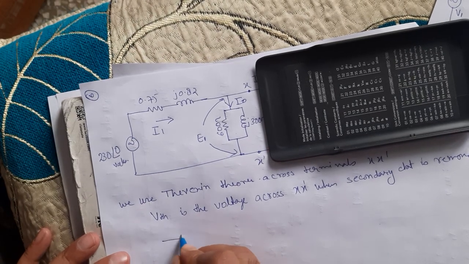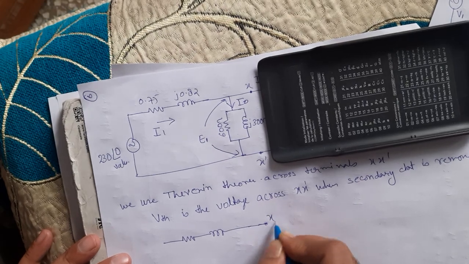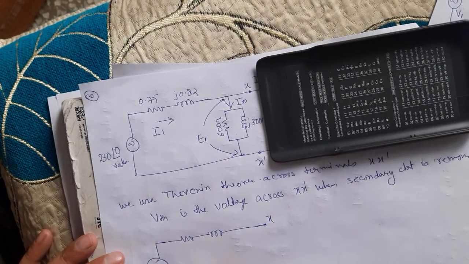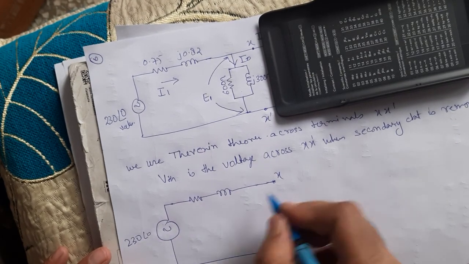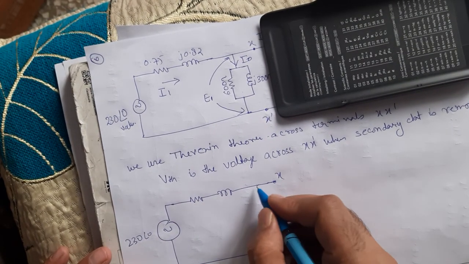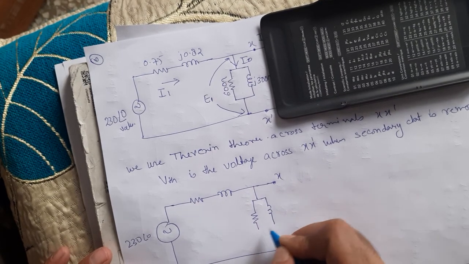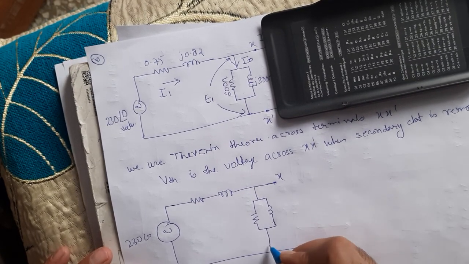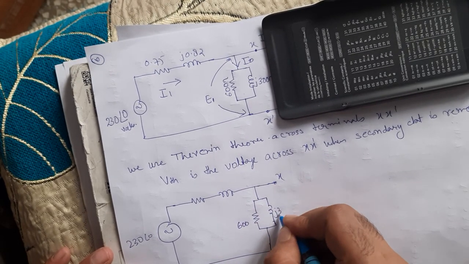Firstly, it will become like this. This is my X. I have a source here, 230 angle 0. This is X dash. This is 600 and this is j 300.